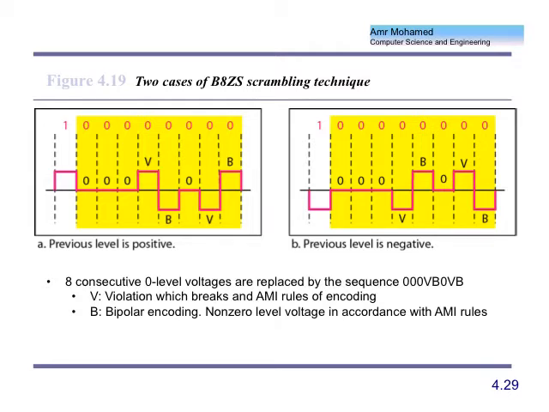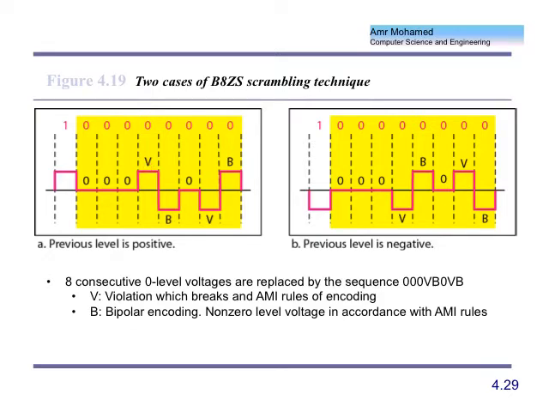So it will say, starting from here, this is violation, and this is binary, which means that I'm going to toggle this voltage level, whatever this voltage level is. So violation, binary, 0, violation, binary. Okay? So B means that I'm going to toggle this.